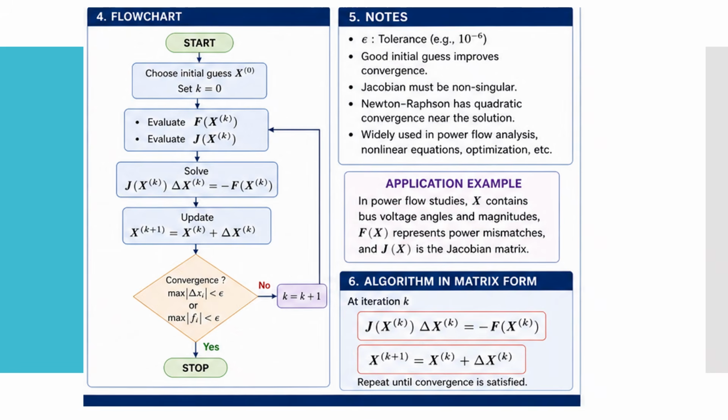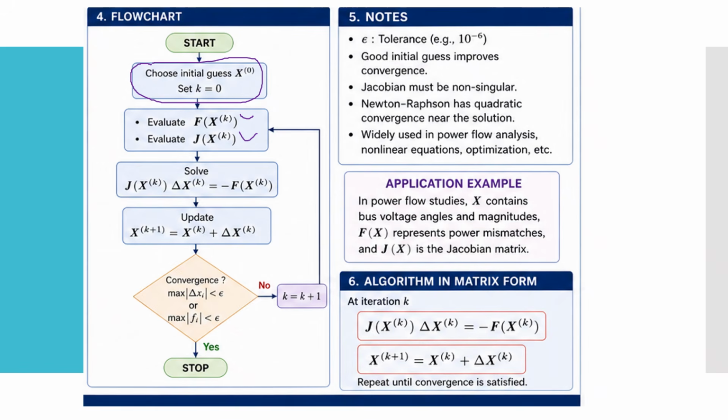The general flow diagram, a schematic to use Newton-Raphson, is depicted here. First, we choose the initial guess at k equal to 0, what we call the initial estimation. Then we evaluate the value of the function at the initial estimation. Then we evaluate the Jacobian matrix at the initial state. Then we solve this equation: the Jacobian matrix times the correction value is equal to minus the evaluated function at the initial guess.